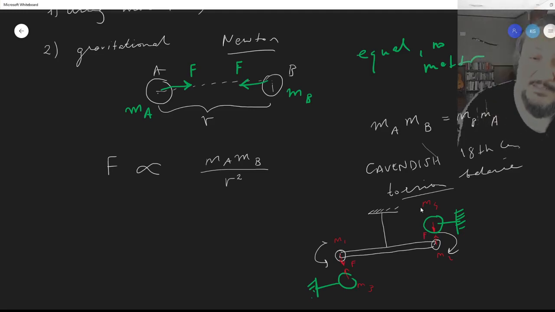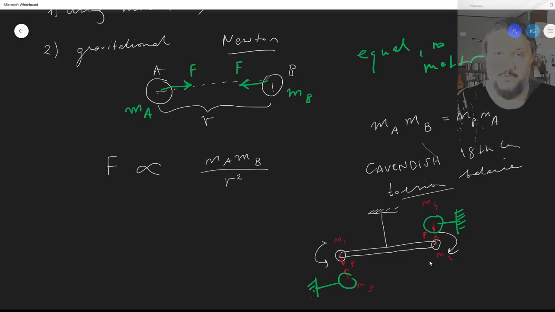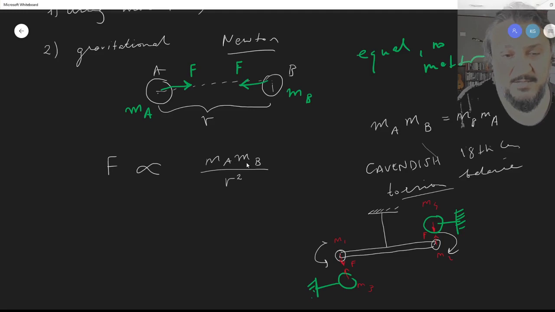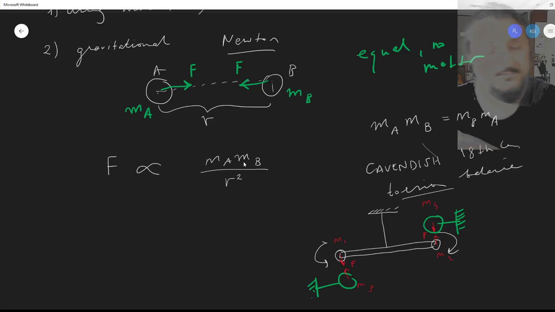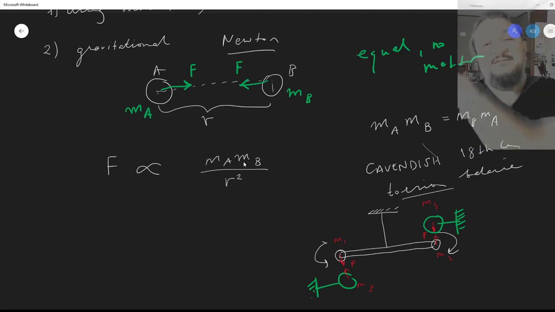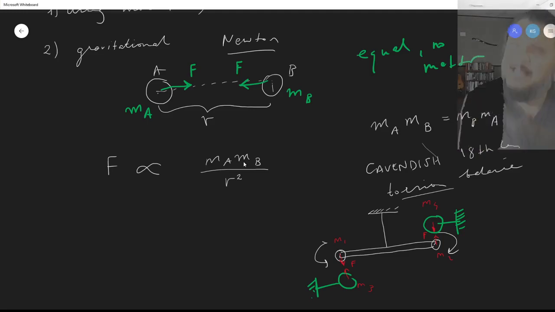Since you know that all these four masses are also pulled downward by Earth, and in that sense, going back to this expression here, MA and MB will be Earth and the lead ball that you have. What is the unknown? Well, the mass of the Earth is unknown. So he did this experiment to determine the mass of the Earth, and today we interpret it a little bit differently.